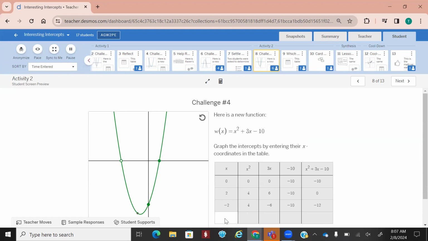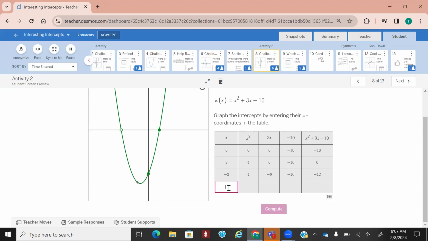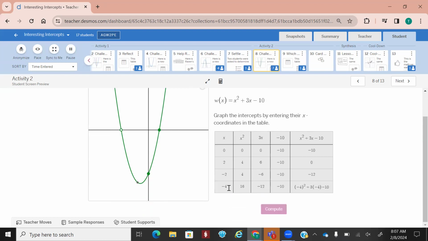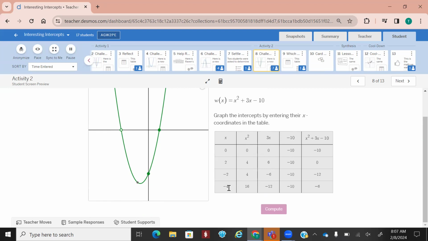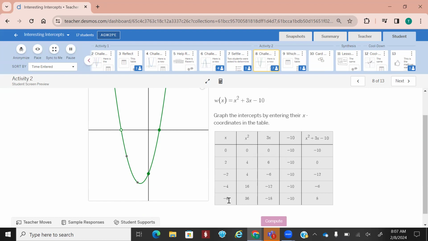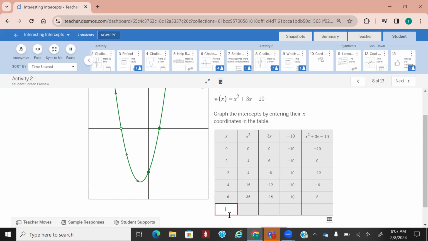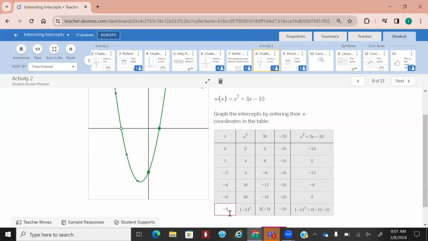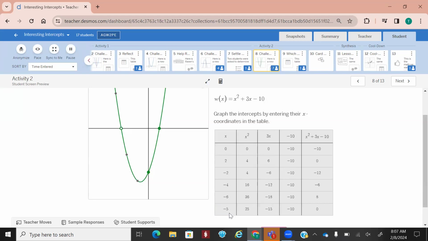Let's try -4. That's not it. What if I tried -6? That's not it. What about -5? There it is. So it might take a couple minutes to try to figure out what that x-intercept is.